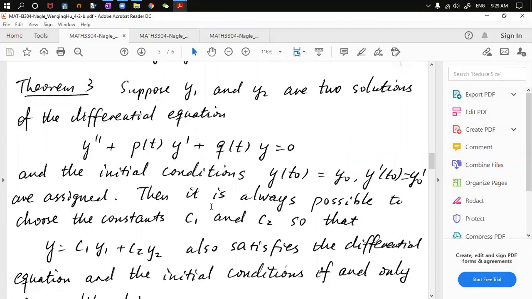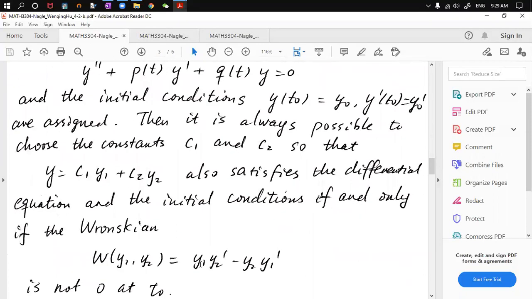Then it is always possible to choose the constants c1, c2 such that the linear combination y(t) = c1 y1 plus c2 y2 is also a solution with these initial conditions if and only if the Wronskian is not 0 at the initial point.